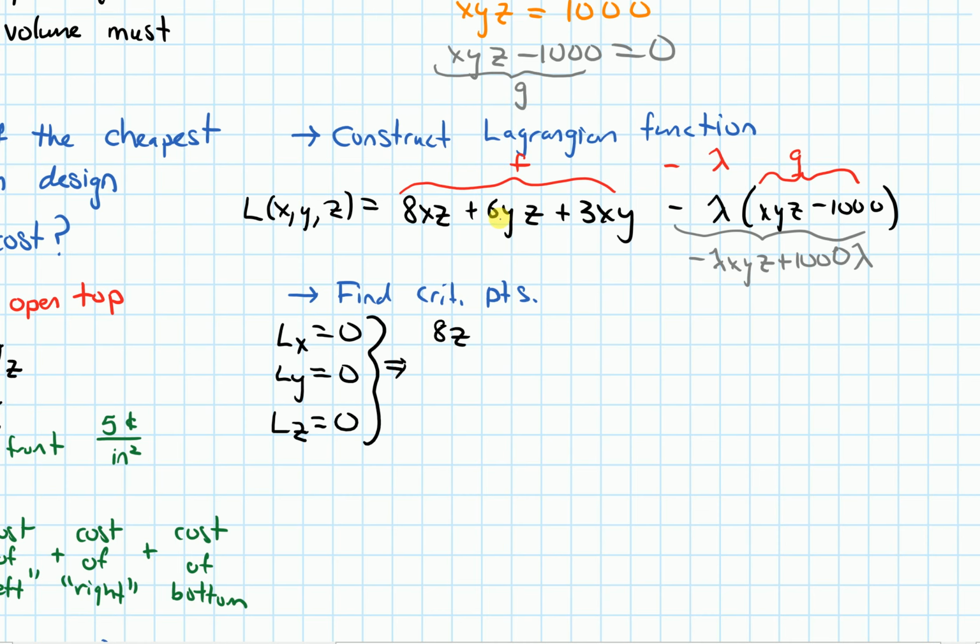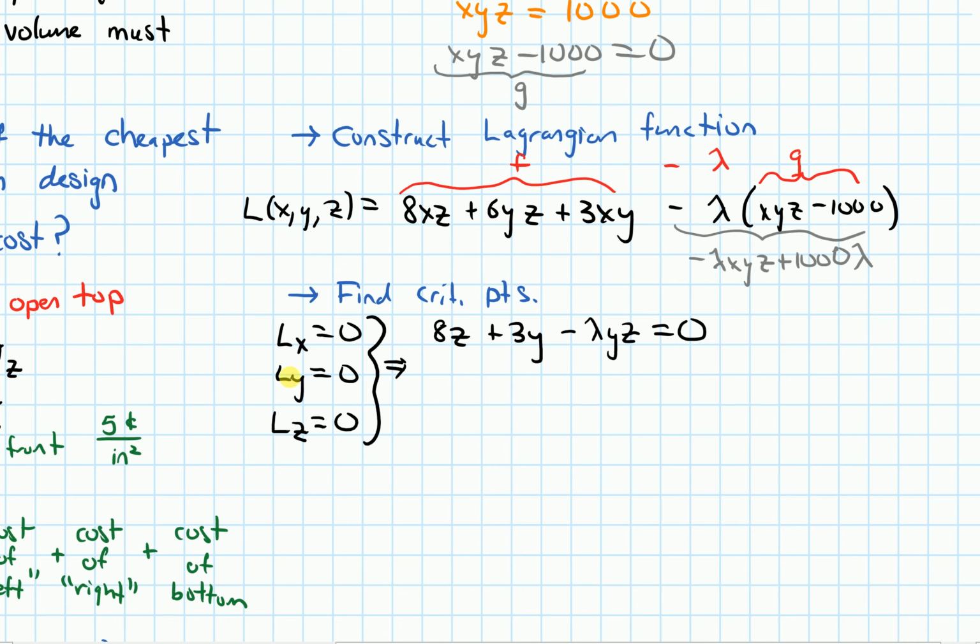For the next term it's 0 because there's no x's in it. For the third term, it'll be plus 3y. For this minus lambda xyz, we'll get minus lambda yz, and then 0 for that last term because there's no x's in it. Set this equal to 0 because we want to find critical points.